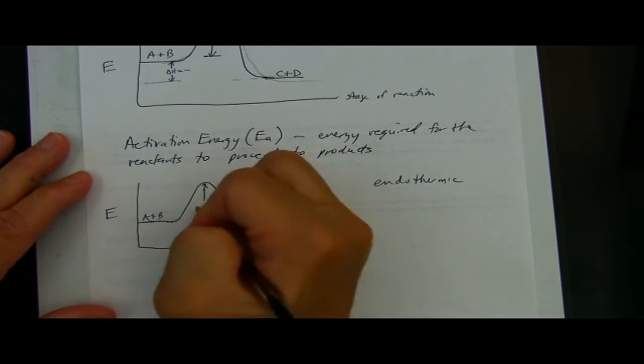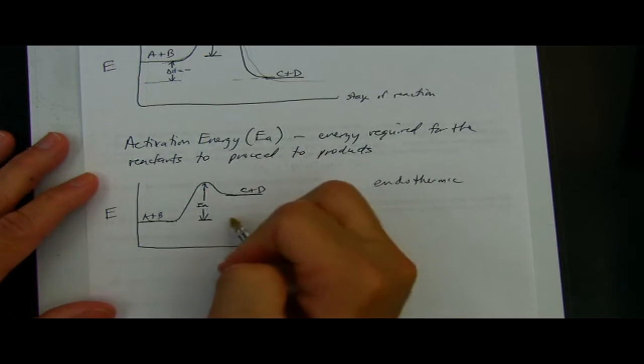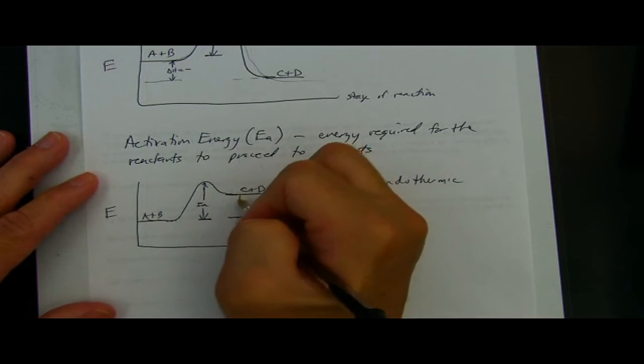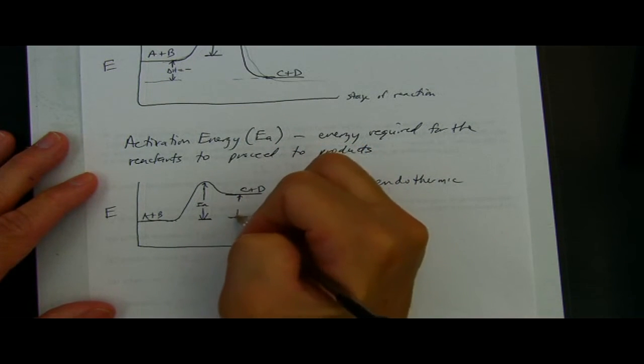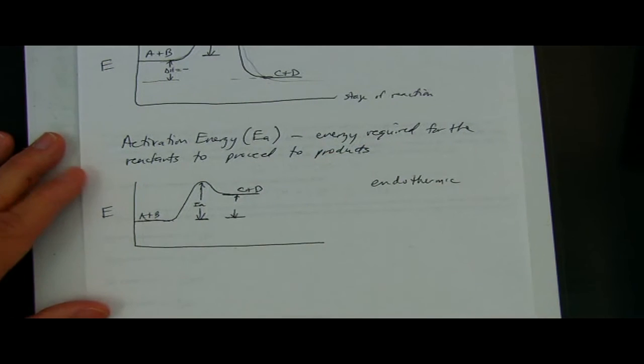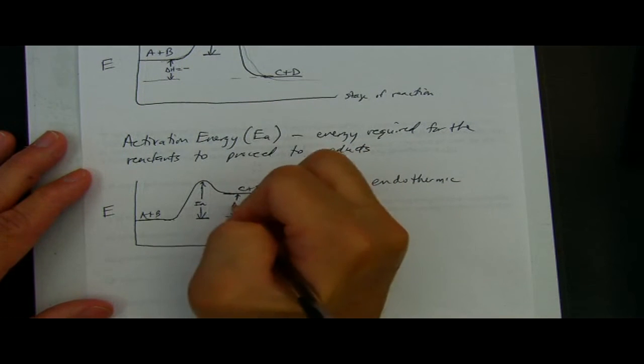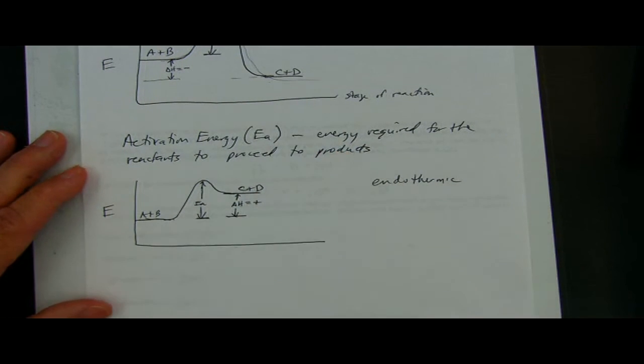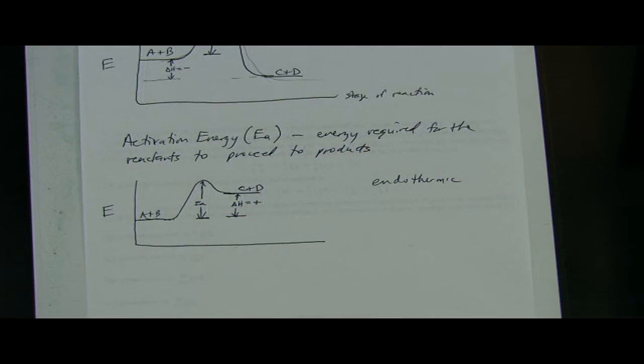E sub A, that's the activation energy. And that amount right there is delta H. In this case, it's a positive number. So that's a representation of what happens as a reaction proceeds from reactants to products through the reaction mechanism.